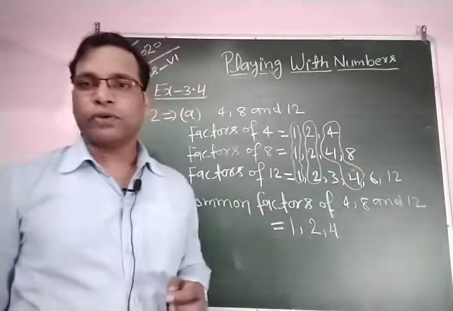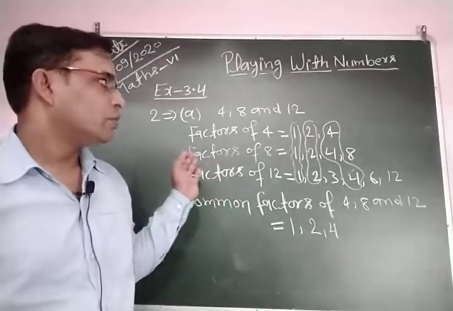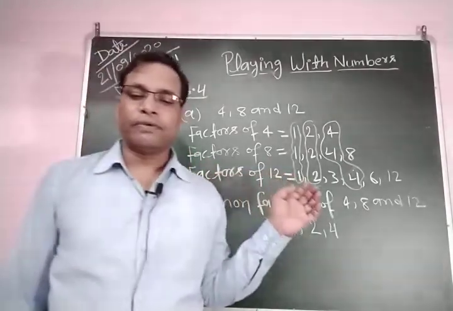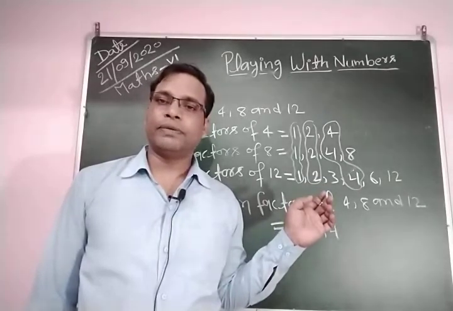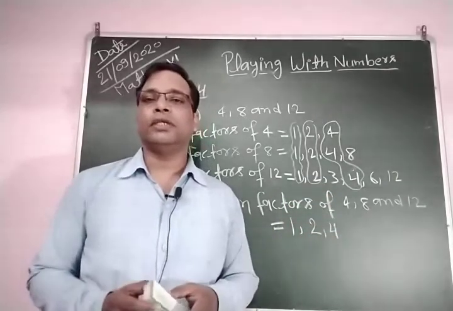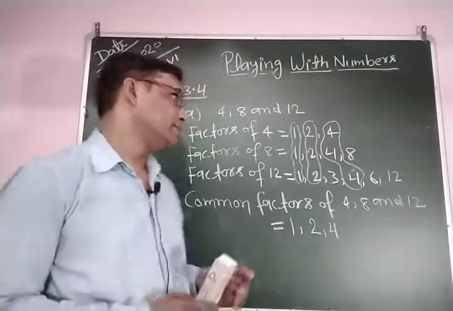Now we are going to discuss the second part of this question number 2. The second part is to find the common factors of 5, 15 and 25. Okay, so let's see how to find the common factors of 5, 15 and 25.